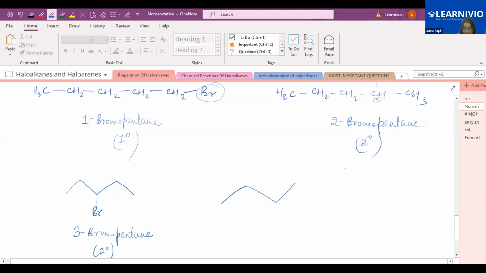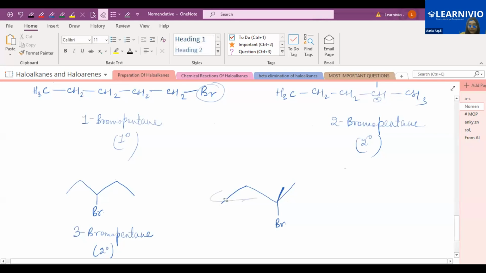And suppose the bromine group is attached here. And what about the one carbon? Because only 4 carbons are there, but according to the molecular formula, how many carbons are there? 5 carbons, right? So you can use that carbon as a substituent, as a branching. Okay, you can use that.